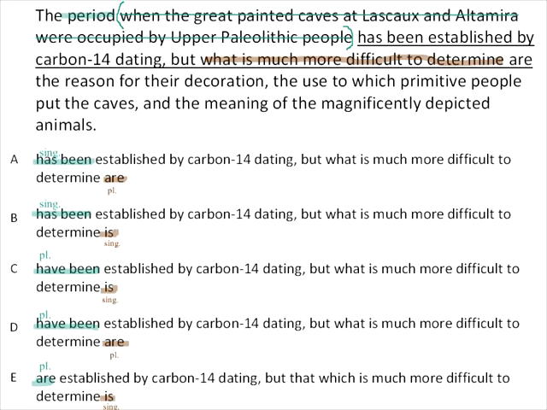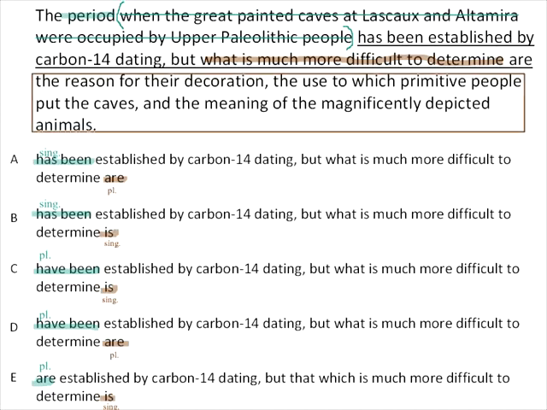Okay, a couple of notes here, by the way. The first note is that you cannot separate out the reason for their decoration from those other things. Okay, if you have a list, this is a list. Okay, bear with me, I'm going to make this outline work here. Okay, let's cover that up.